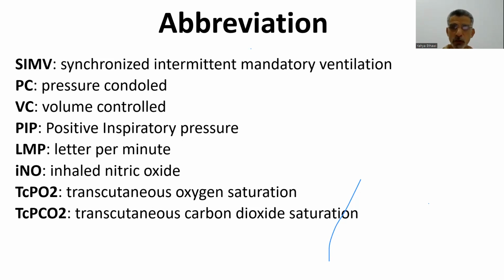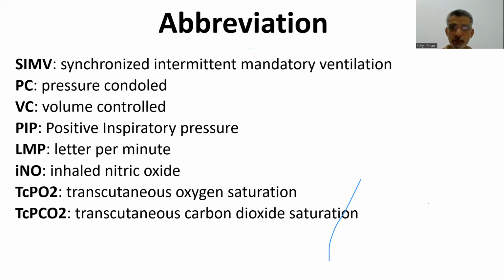There is PIP, one of the variables, positive inspiratory pressure, which is the pressure given to the baby during inhalation. LPM is liter per minute. This is one of the abbreviations used in ventilation. iNO is inhaled nitric oxide, a gas that we give to treat pulmonary hypertension.